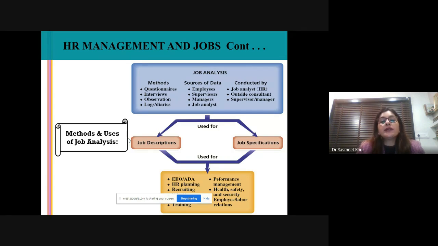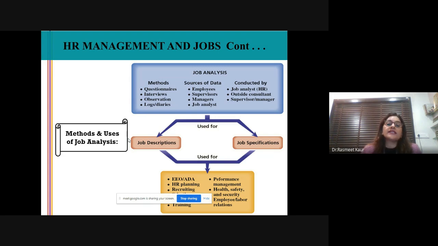He is a person who is well trained in and has experience of doing a proper job analysis and helping the management to understand if there is a requirement for a job.